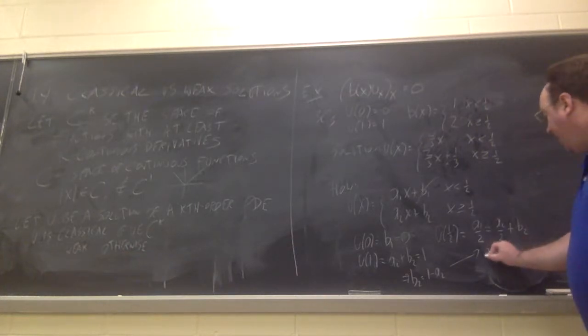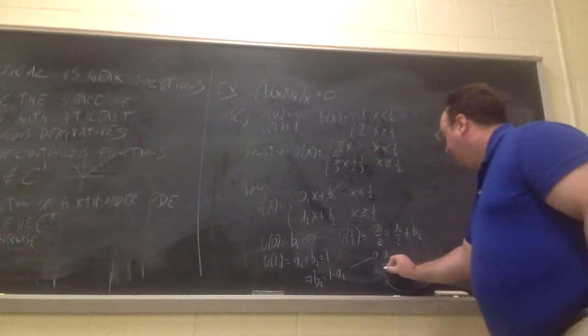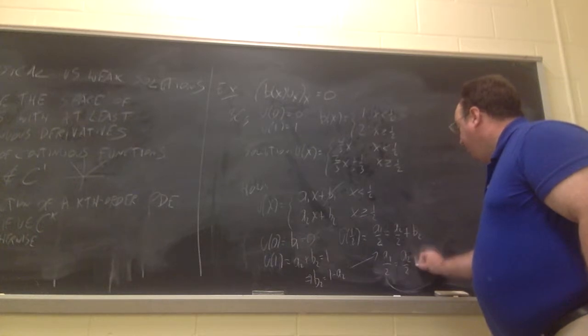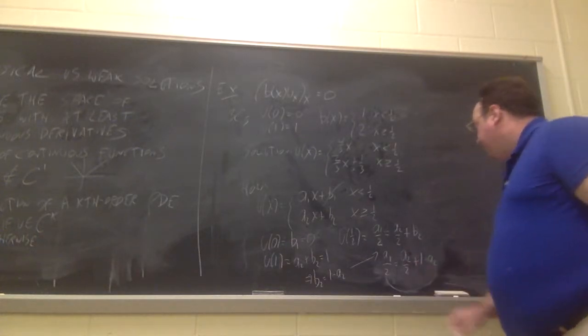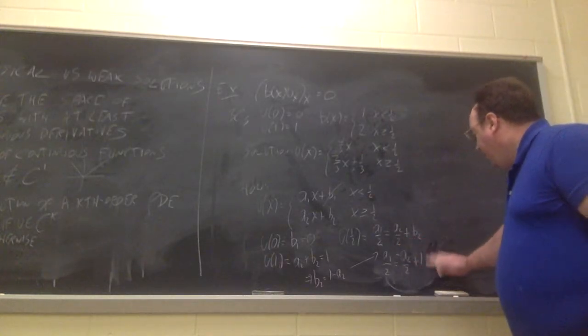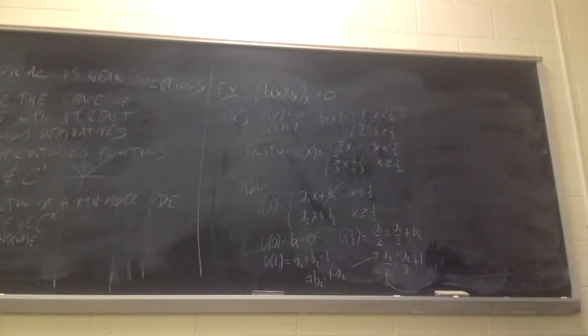So now I have a1 over 2 is equal to a2 over 2 plus 1 minus a2. So I can simplify this a little bit, put a minus there. Okay. So now I just have this relationship between a1 and a2.